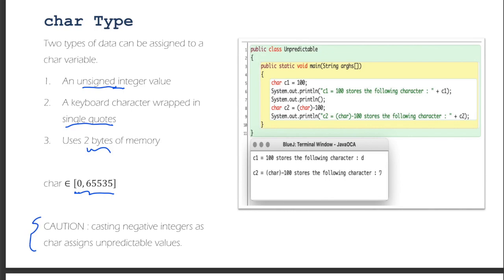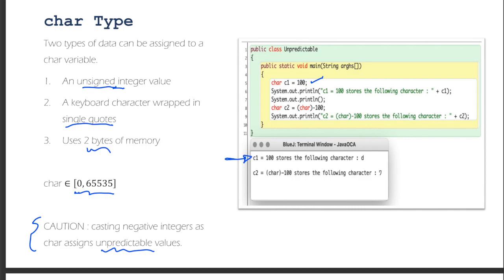It says, casting a negative integer as a character assigns unpredictable values. So you can see up in the graphic, I have char C1 equals 100, and then the System.out prints C1, which stores the following character, and we see the output for that is here.